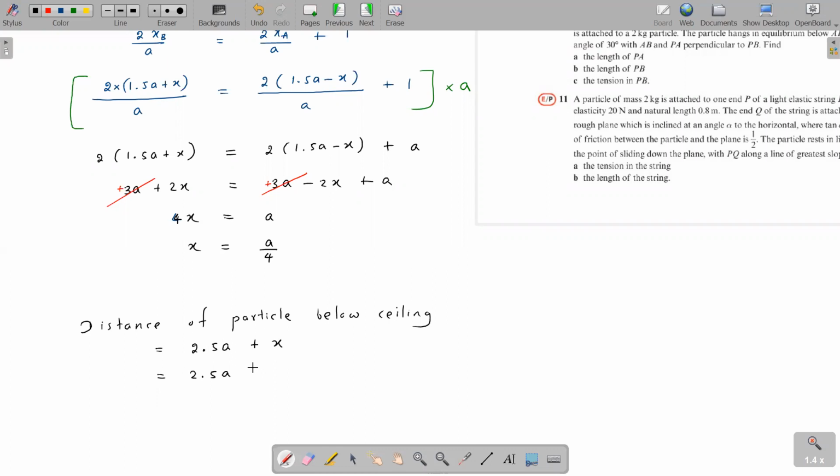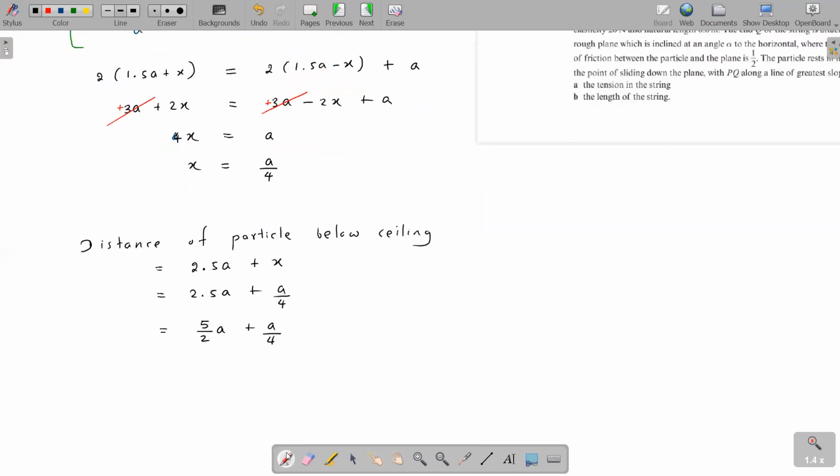So 2.5a plus a over 4. Let's give it in exact fraction form. This is 5 over 2 a plus a over 4. How much is it? So I get 5 over 2 plus 1 over 4, that is 11 over 4 a. So this is the distance of the particle below the ceiling.